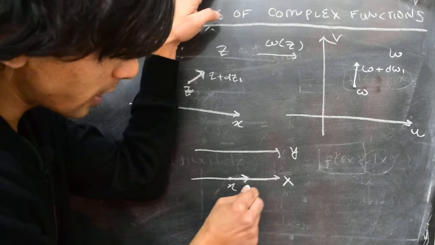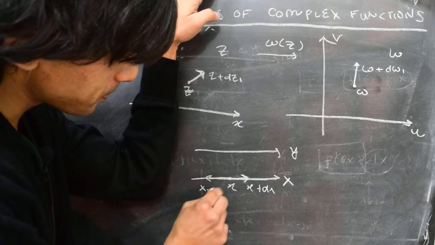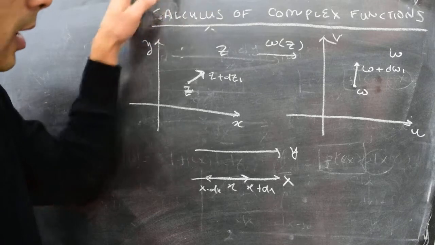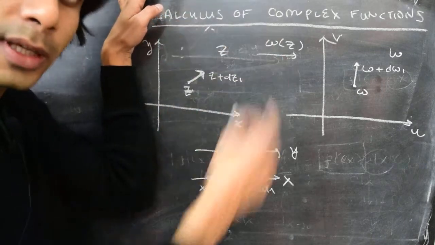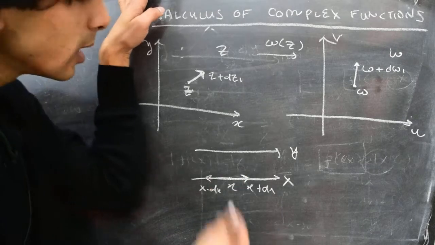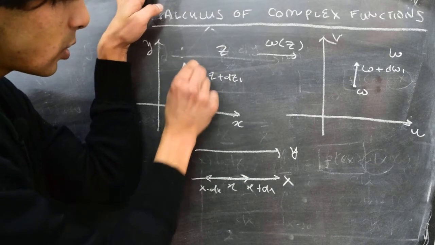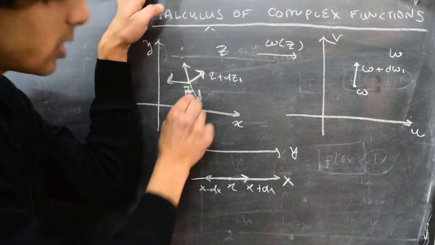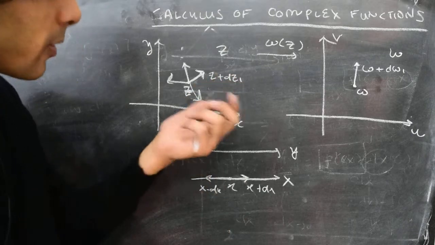We can either move from x to x plus dx, or from x to x minus dx. But on the complex plane, from a point z, we have an infinite number of directions that we can move in. We can move from z to z plus dz1, we can move in this direction, this direction, this direction. So there's a lot more freedom in which direction we step away from the point z.